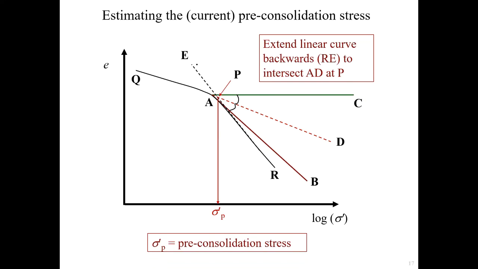And this line RE is a straight line. Eventually, if you intersect this line with AD at some point P here, the corresponding stress at point P is the so-called pre-consolidation stress of the soil. So this is the Casagrande method to get the pre-consolidation stress of the soil. This is a rough, graphical procedure to get sigma P prime.